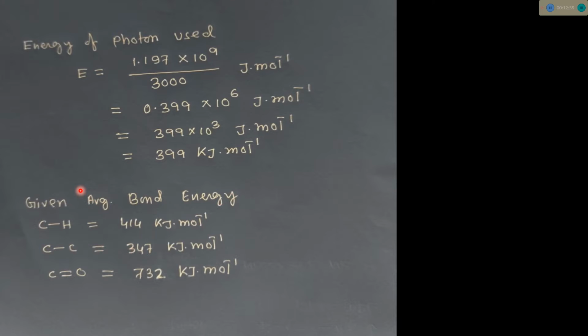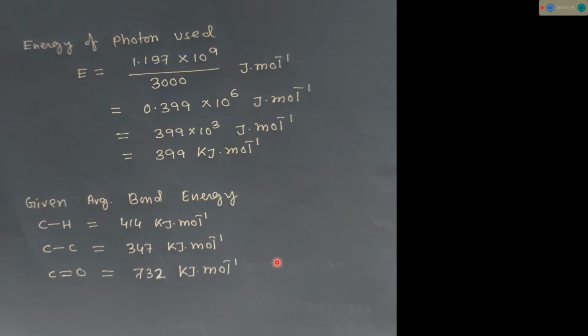In the acetone molecule there are C-H bonds, C-C bonds, and C double bond O bonds. The C-H bond energy is 414, which is greater than the energy we are using for decomposition of the acetone molecule. The C-C bond is 347, which is less than 399. The C double bond O is 732, which is more than 399.